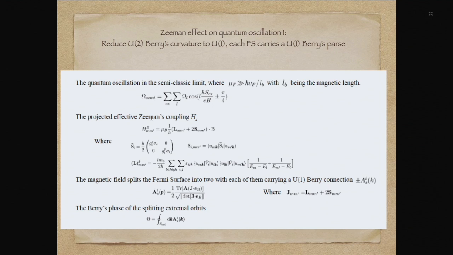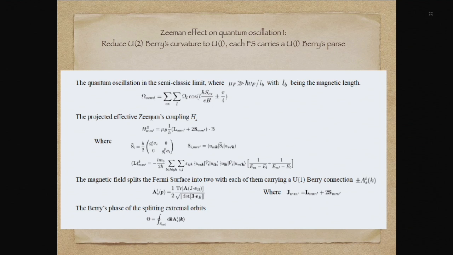Because before, the Berry curvature of a two-fold degenerate Fermi surface is non-abelian. It's a 2 by 2 matrix. Once you split it into two, 1 by 1, the Berry curvature becomes just a U(1) object, just the ordinary band structure Berry curvature.